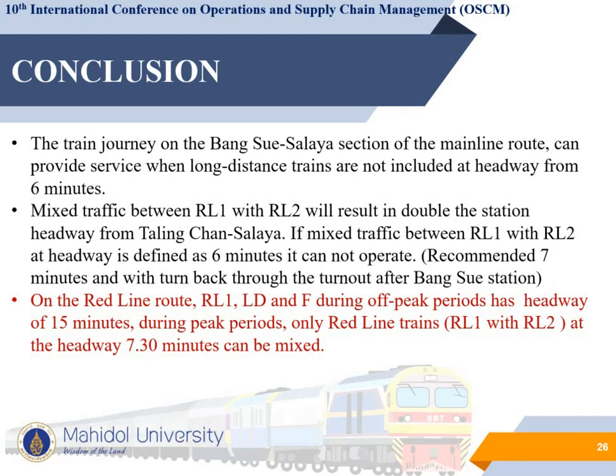During peak periods, only Red Line trains at a headway of 7.30 minutes can be mixed. They will use the U-turn to turn out after the station to reduce the number of trains using the route.